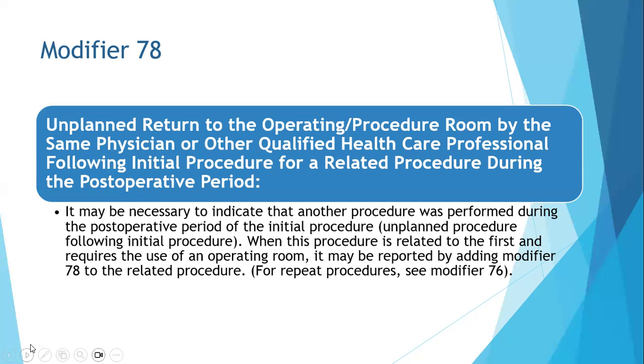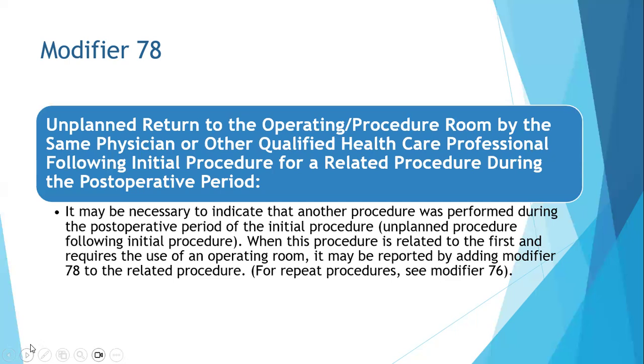Go ahead. Let's say they had a surgery for their knee and they ended up getting an infection because of the surgery for the knee, that would be this modifier, right? Correct. Complications, adverse reactions, or more extensive as it relates to it, but it's just unplanned and related.